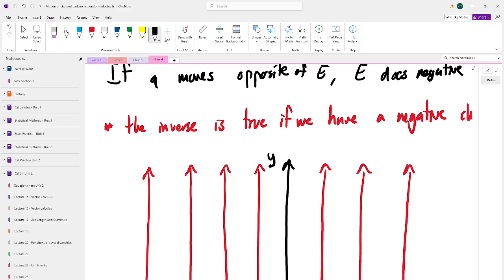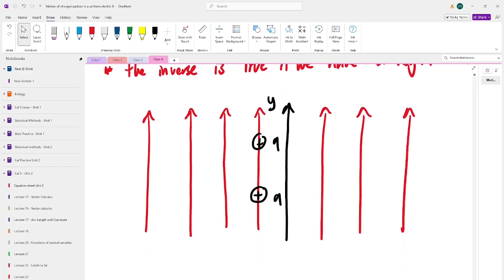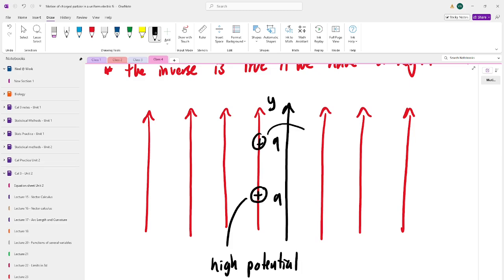And if I have a particle here versus here, so let's say that's that same particle, at the lower point it's going to have a relatively high potential energy relative to that second point. And here it will have a low potential energy.